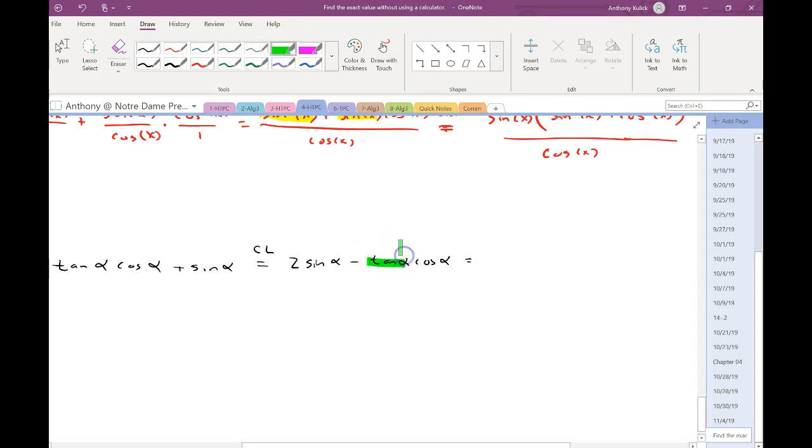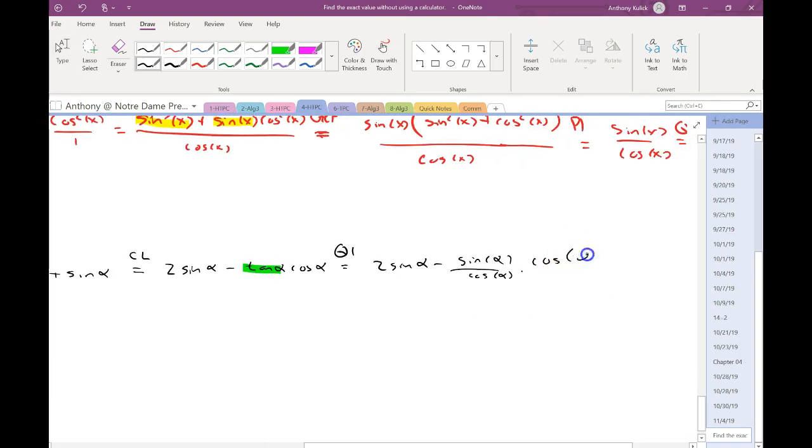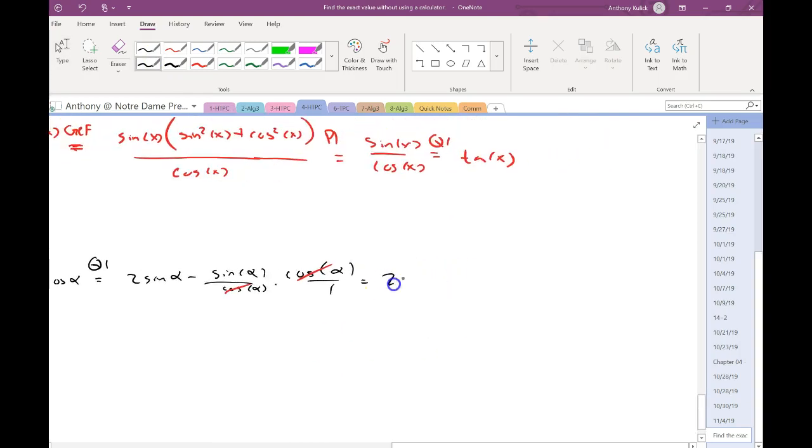Well, like I've said before, I usually don't want to convert sines and cosines to something else. That leaves only tangent to work with. If I use Q1, I can write tangent as sine over cosine. Oops, alphas. And that's going to leave me with 2 sine alpha minus sine alpha, which is just sine alpha.